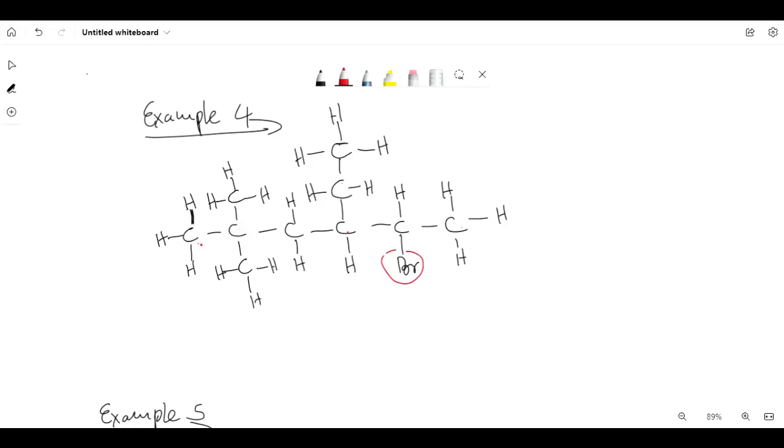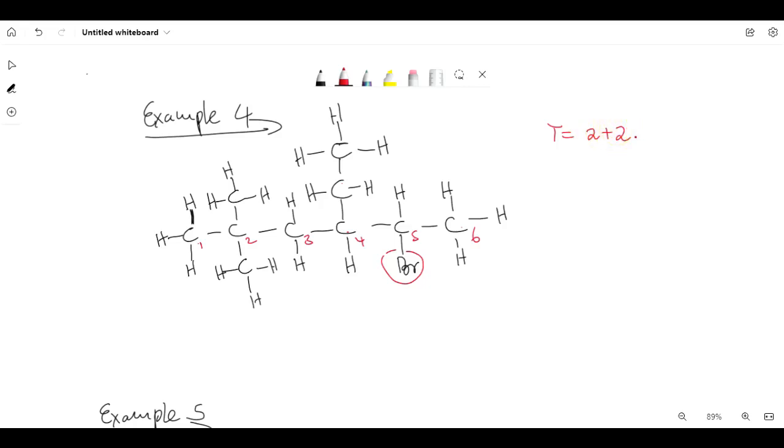But let's continue. 1, 2, 3, 4, 5, 6. Now, if I count my total of positions here, I have two methyl groups at position number 2, so 2 plus 2.